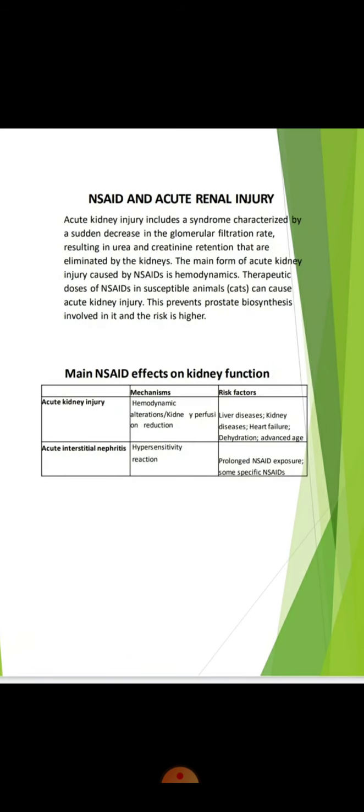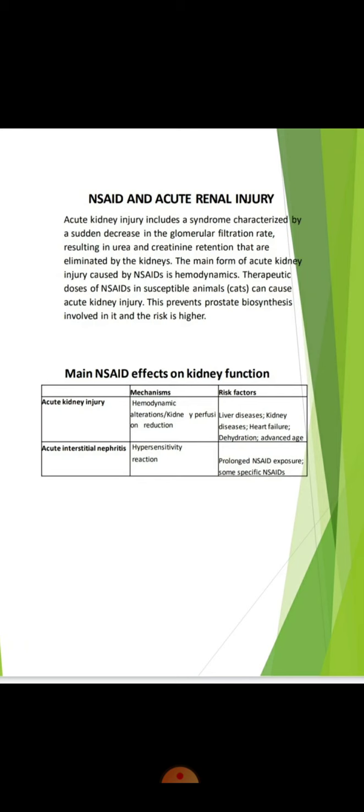NSAIDs and acute renal injury. Acute kidney injury includes a syndrome characterized by a sudden decrease in the glomerular filtration rate, resulting in retention of urea and creatinine that are eliminated by the kidney.